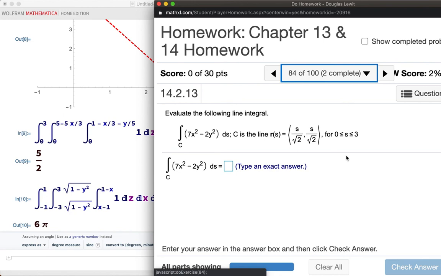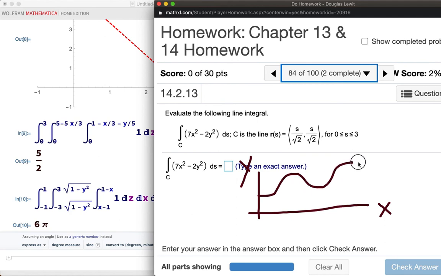Okay, this is a line integral, and I don't know if you've studied line integrals before. Probably not. They're very similar to regular integrals, but instead of integrating over, hold on, let me turn on my pen. Normally, in calculus 2, you're simply integrating over the x-axis.